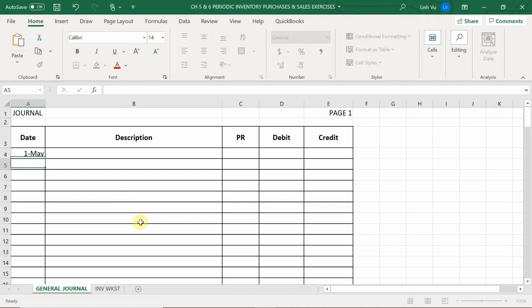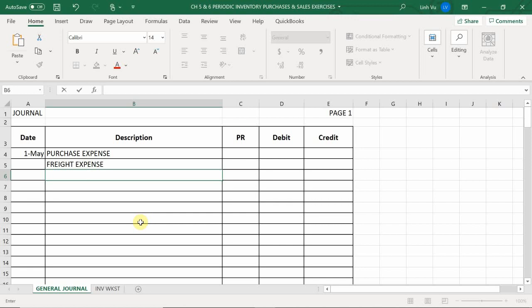So it's May 1st. We got purchase expense. We got freight expense. What else? The tax expense, no?